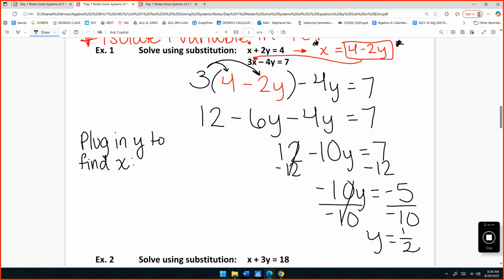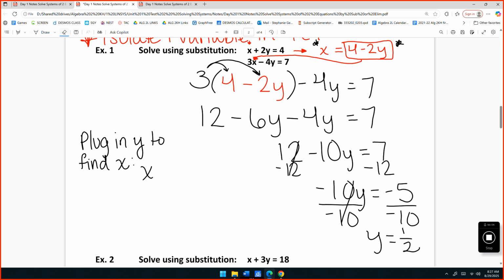So I'm going to use x equals 4 minus 2y, and I know that y is 1/2, so I'm going to plug that in. So 2 times 1/2. Wait, whoa, hold up. What did I just do?